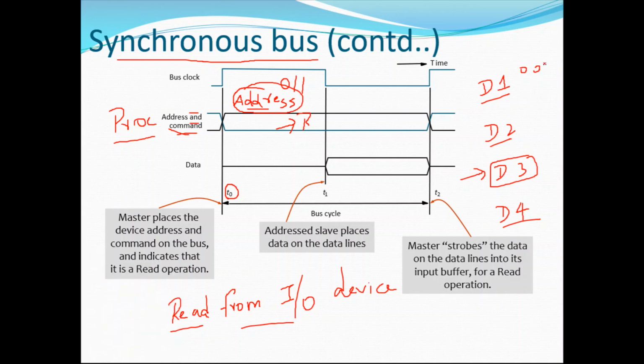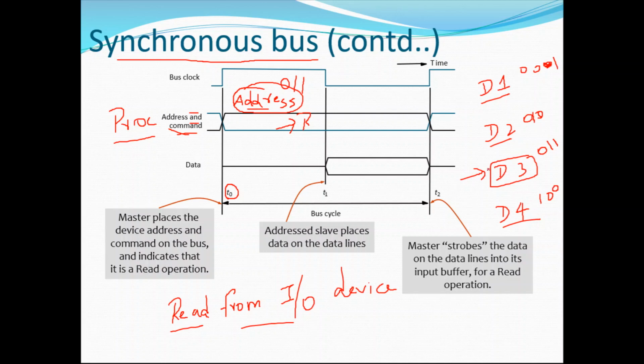Anything can be the address, just for understanding. Now in our case, it is matching with this one, 011, which is device 3.